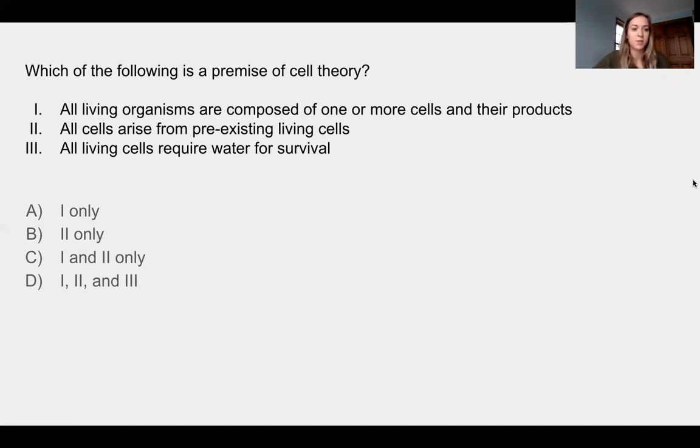All right, so assuming now that you've answered the question, I'm going to show the answer, which is C. So 1 and 2, those are 2 out of the 3 premises of cell theory. Usually the way that you would tackle a Roman numeral question is by finding which number shows up in exactly 2 of the answers, because that will help you cancel out 2, and it's just the fastest way to do these Roman numeral questions.